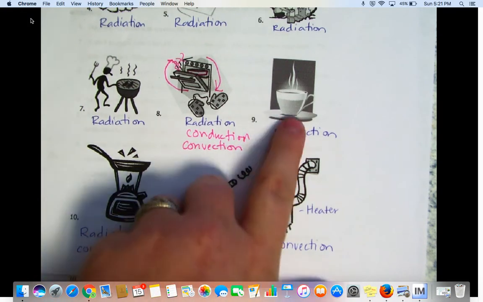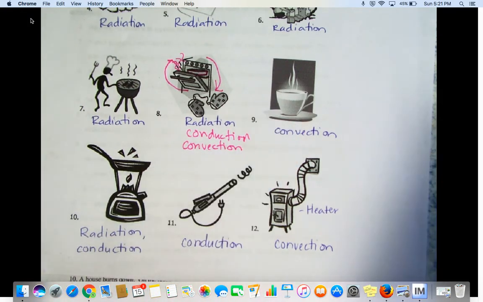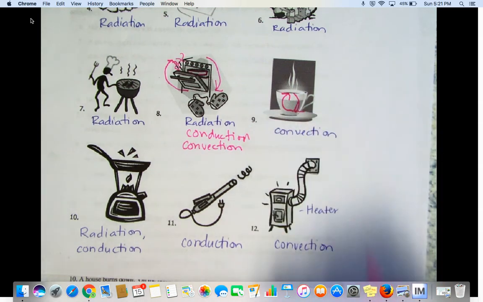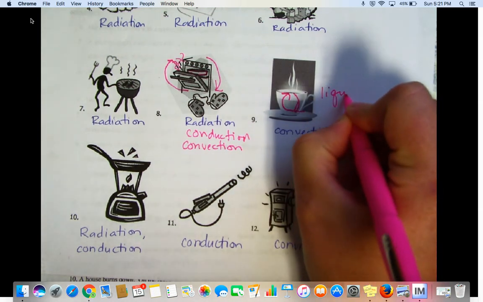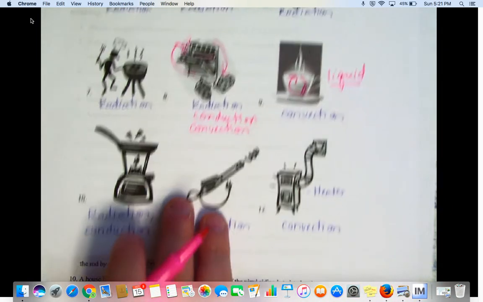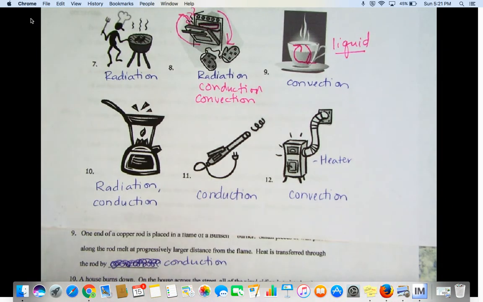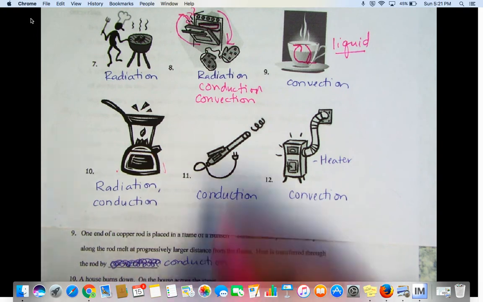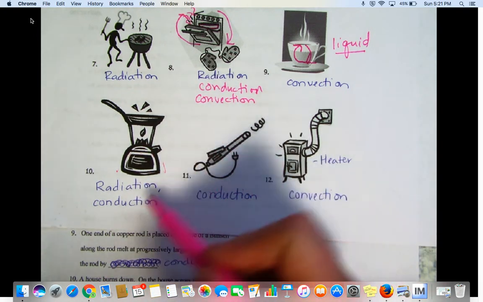All right, coffee. We're obviously talking about the liquid end, so the warm air rises, cold air sinks. Remember, your hint here is your liquid, okay? This looks like a pan sitting on top of something heating it up. So for those purposes, we're just going to say that that is conduction.